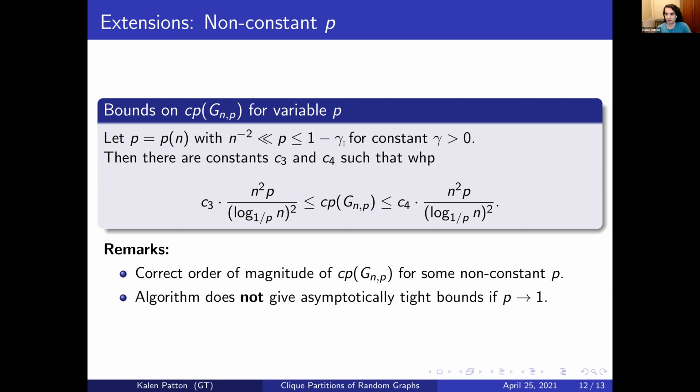We don't really know what happens in the case where p is allowed to go to 1 with n. In fact, our lower bound also breaks down in this case, because we can find a better lower bound using a slightly more sophisticated argument than the trivial lower bound we got earlier. And so that means that the hypothesis that these bounds hold for all p is not necessarily the case. So what I'm saying here is that the case where p goes to 1 is still open.